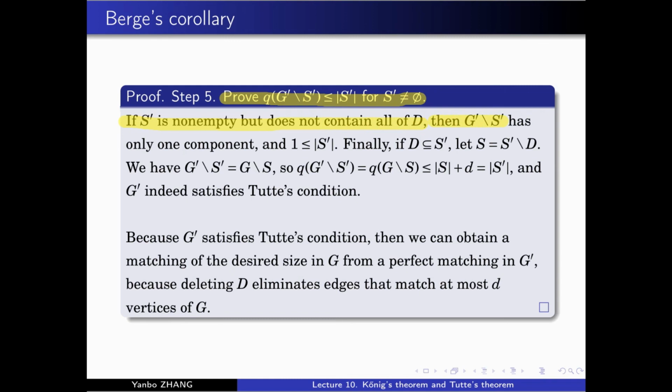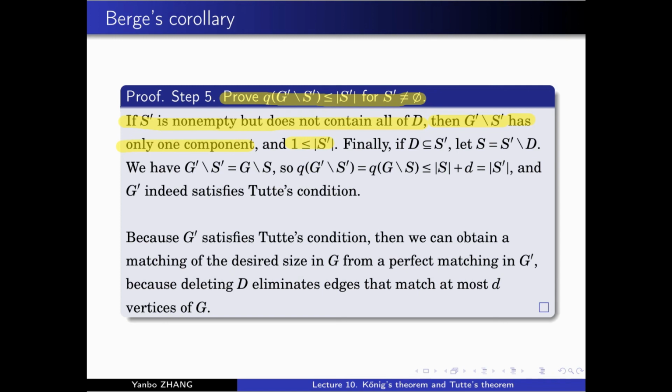So G prime minus S prime has only one component, and 1 is less than or equal to the size of S prime. Because S prime is not an empty set, it has at least one element.